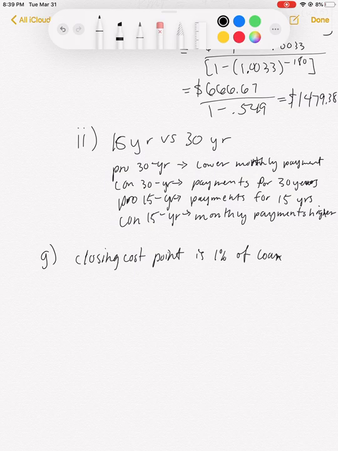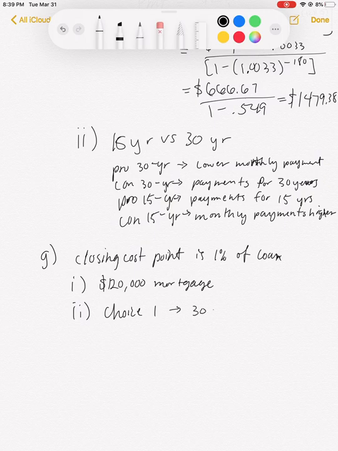Okay, so here's a next example of considering the cost of the points of a mortgage versus without these points. Our situation here is that we have a $120,000 mortgage. There's two options. Choice 1, getting the mortgage, you have a 30-year fixed rate loan.